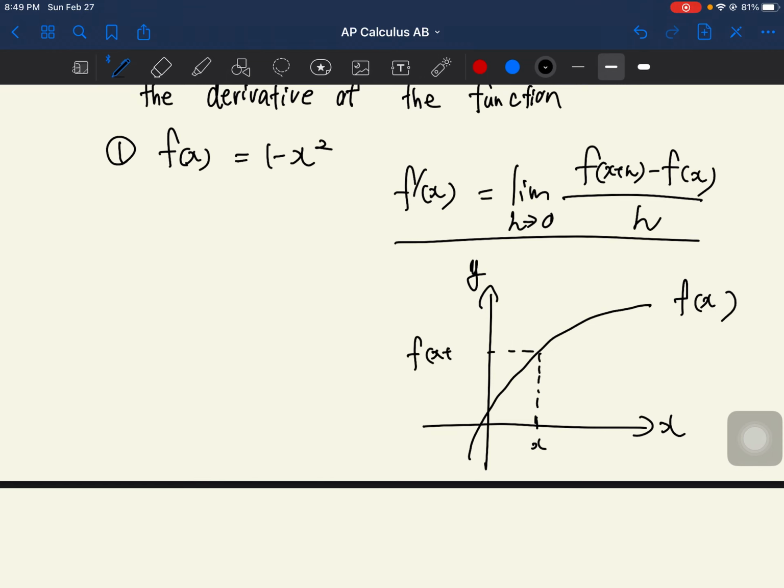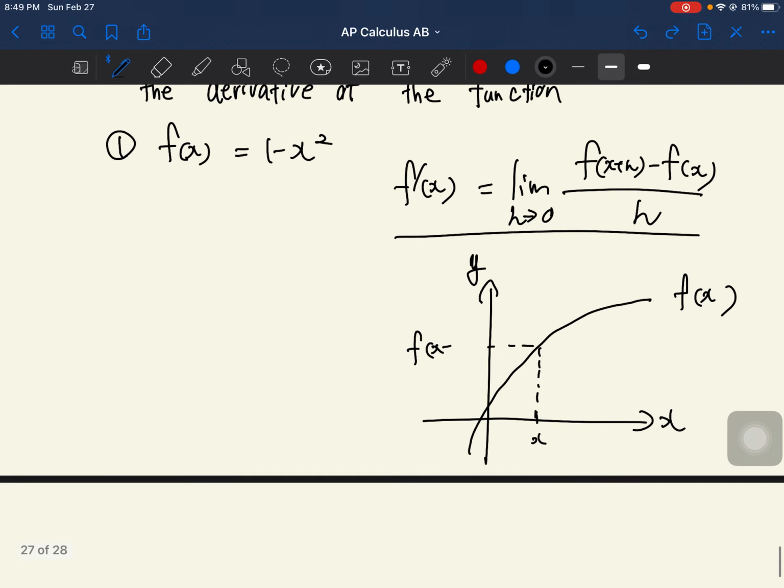Let's have one more point here, x plus h, and the y value of here is f of x plus h.